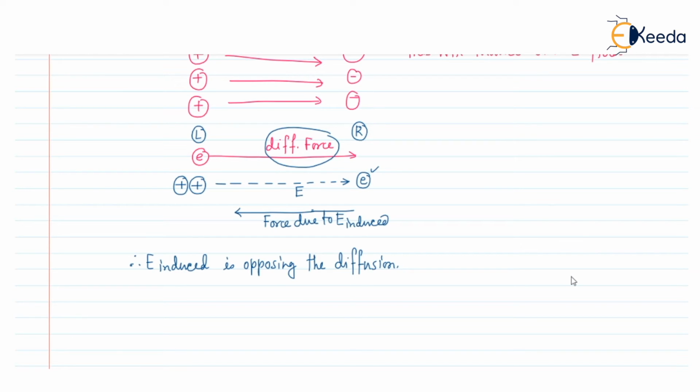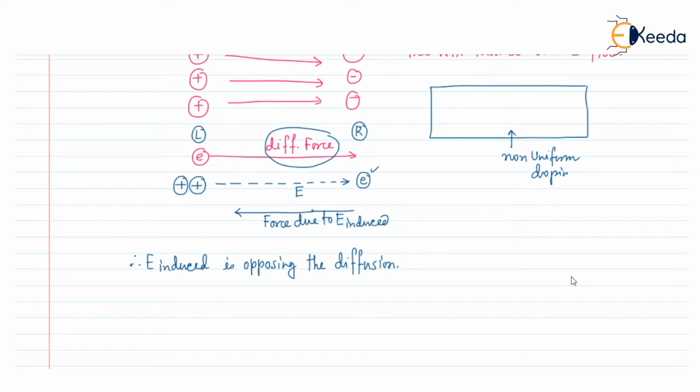Now, let us take a semiconductor. Suppose this is a semiconductor, and we have done non-uniform doping here.